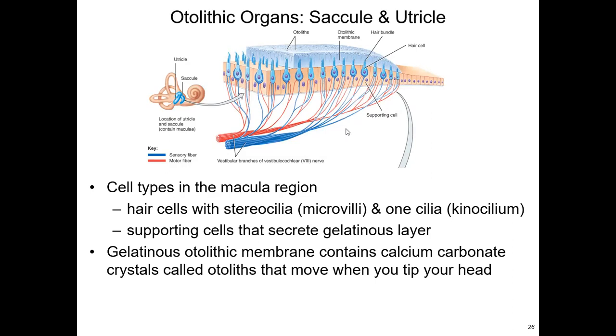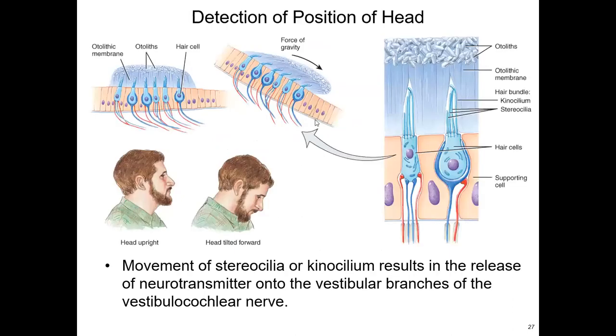What moves these hairs is the following: bending of our head, forward, backward, or sideways, will displace this jello in the otolithic membrane, and this movement of the jello layer is going to bend the hairs. Once the hairs are bent, the same sequence of events starts.